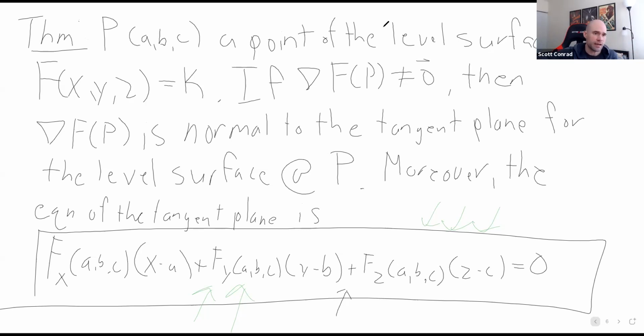We'll just get everything on one side, write it as f(x,y) minus z equals 0, and then use this formula. Does that make sense? I'm going to take your silence as a yes.